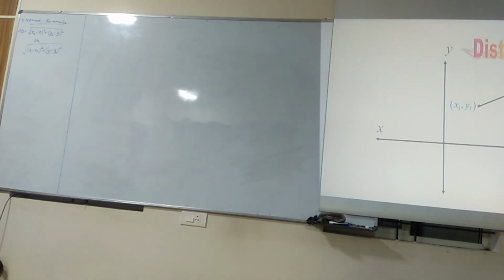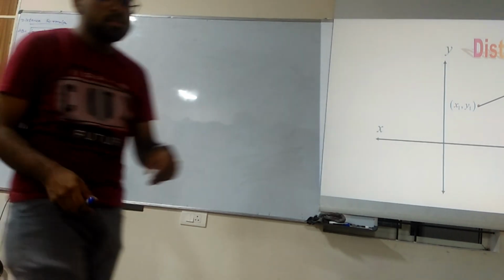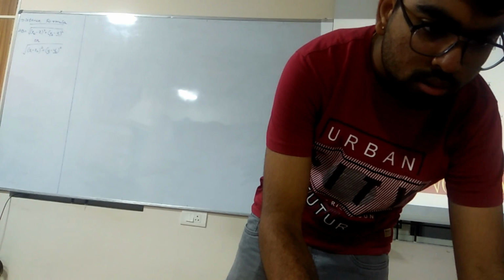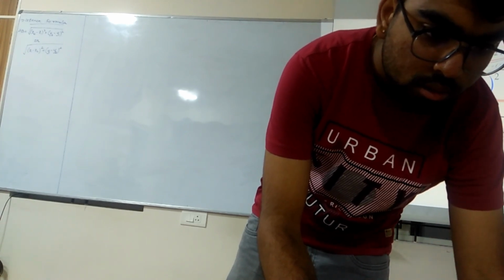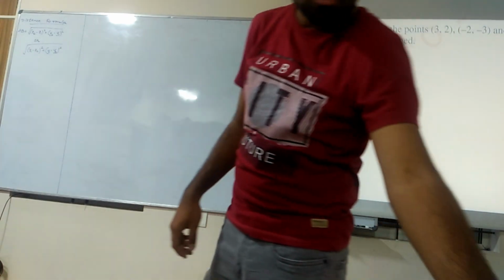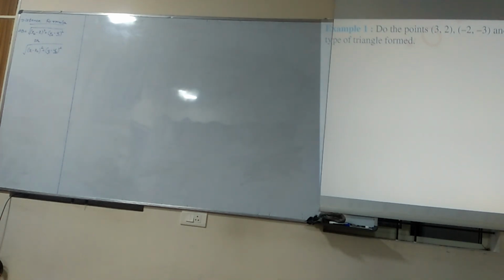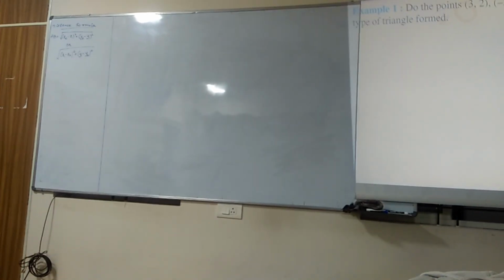Example 1: Do the points (3, 2), (-2, -3) and (2, 3) form a triangle? If so, name the type of triangle formed.